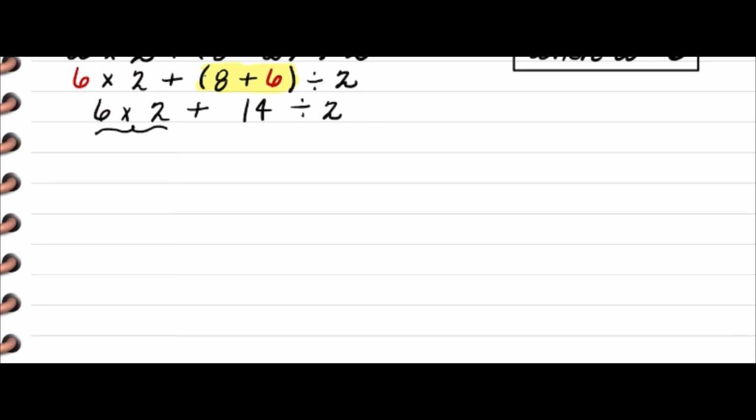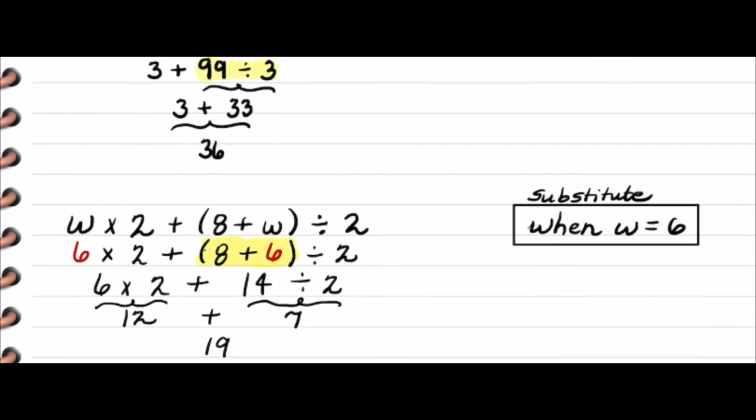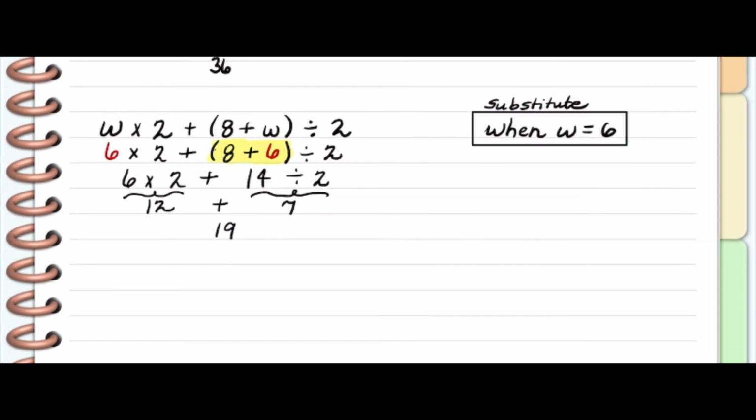So here's one and here's one. 6 times 2 is 12. 14 divided by 2 is 7. And 12 plus 7 is 19. That addition or subtraction is your last step on that one. So this one evaluates to 19.